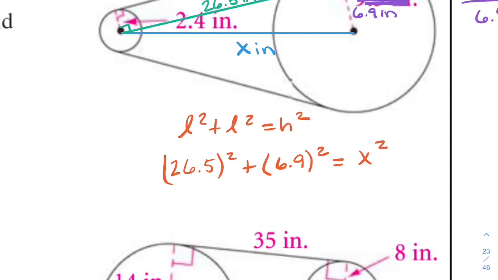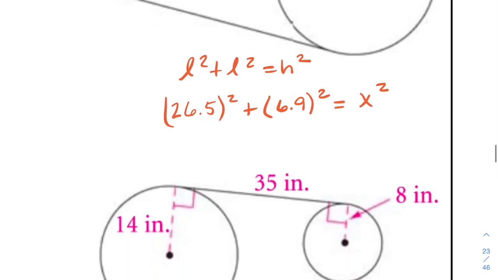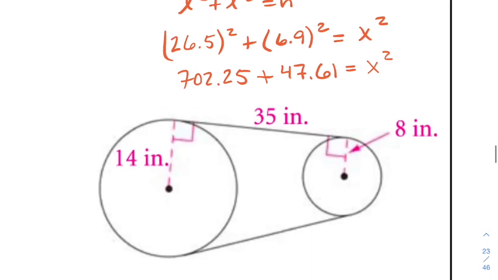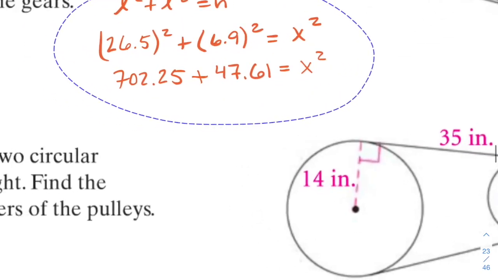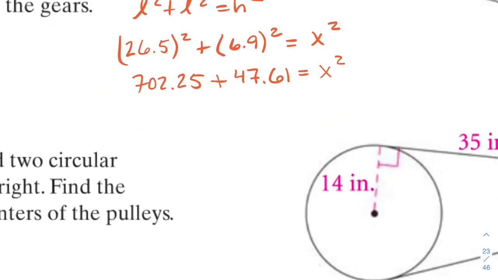All right, 26.5 squared is 702.25. And 6.9 squared is 47.61. And now I'm going to add those together, and I get 749.86.